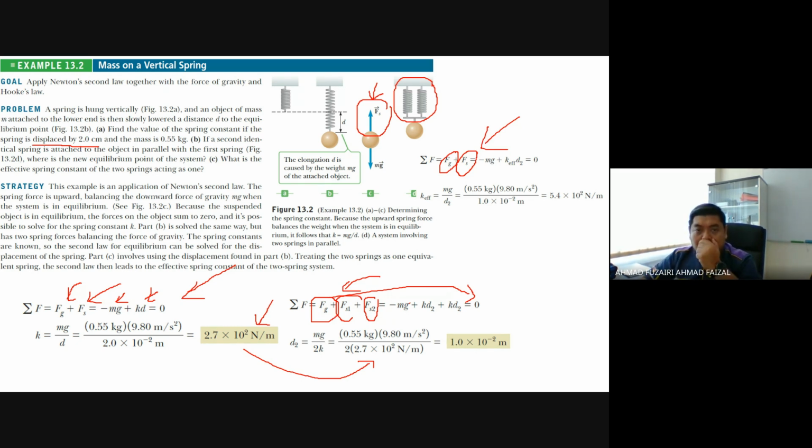So with the new spring constant and the answer of part B, the equilibrium point for both parallel springs, we can obtain the effective spring constant, which is 5.4 times 10 to the power of 2 Newton per meter. So that is the value of the effective spring constant.